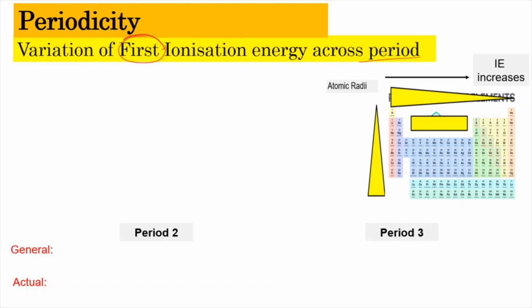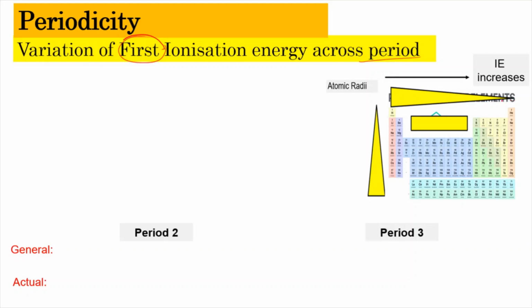Alright, as you have learned in the previous part on atomic radii, across a period the proton number increases, right? As a result, the effective nuclear charge increases as well, and the atomic radii get smaller and smaller.